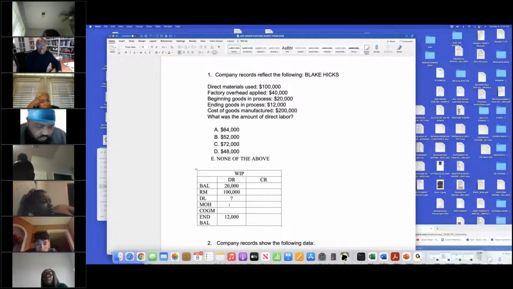And the cost of goods manufactured that we transferred to finished goods is 200,000. So if you know all this information, can you determine what the direct labor is?